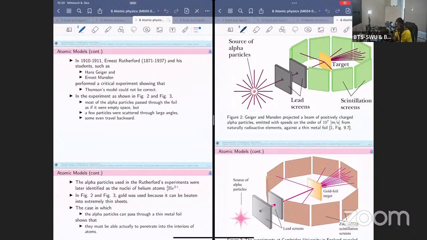The gold foil is located at the center of this circle area. This circle area is a screen of scintillation, or zinc sulfide.